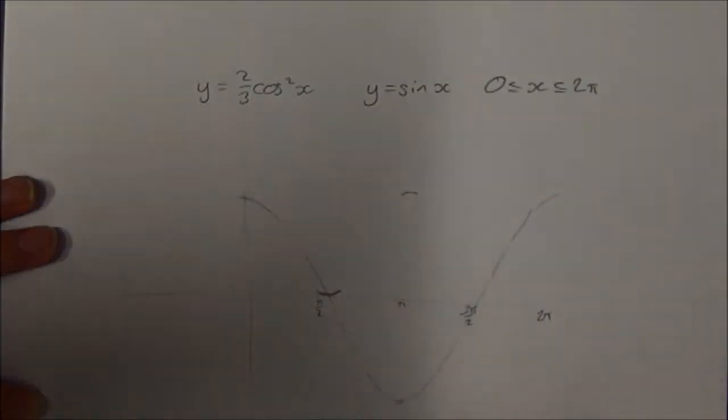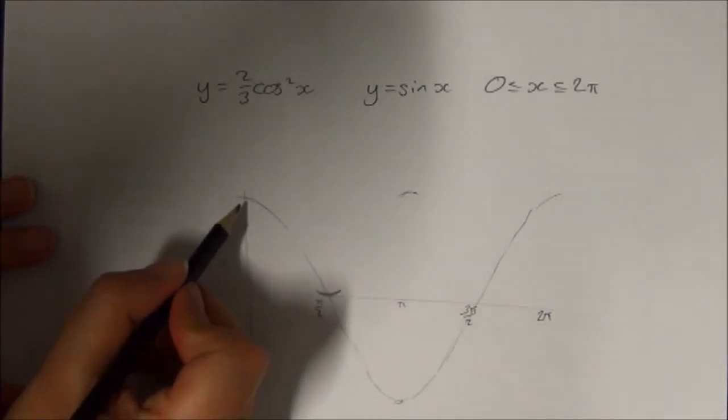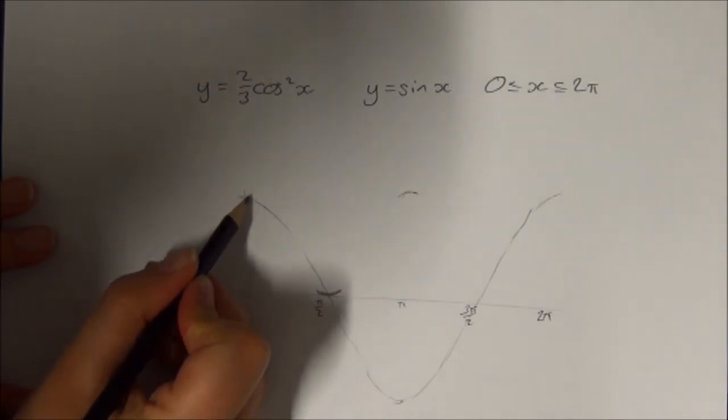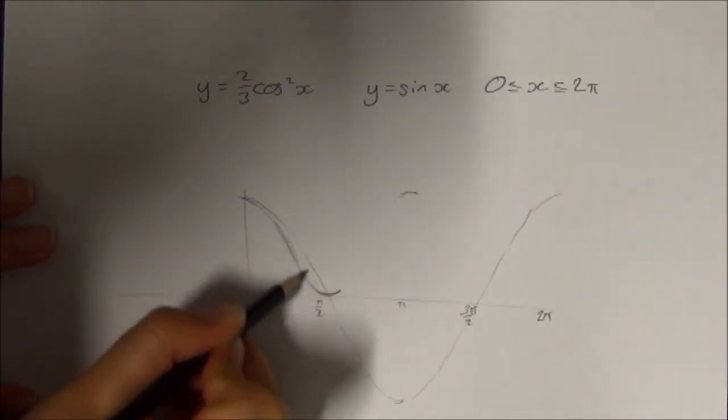And I can think about how it's going to behave close to x equals 0. Because I'm squaring this, it's going to drop underneath more quickly.